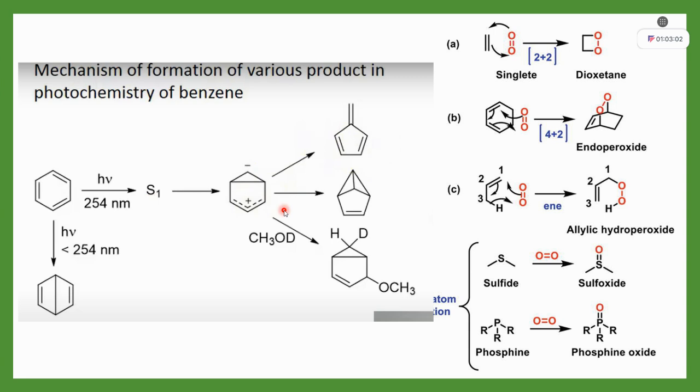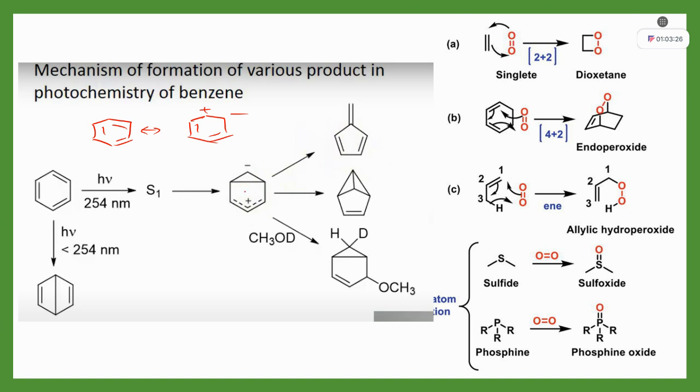In presence of 254 nanometer, it will undergo singlet excited state. Okay, let me start. Let me tell you from basics. Okay. Let's say you have your benzene. Okay. You can write one of its resonating forms like this, positive, negative, and like this.